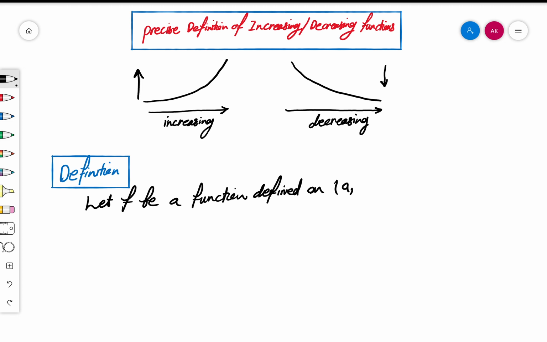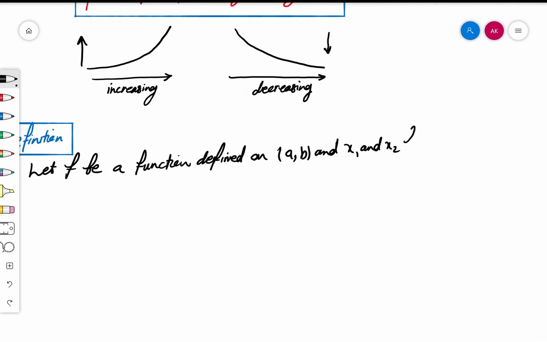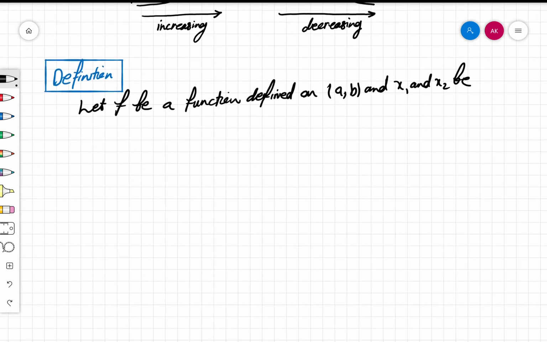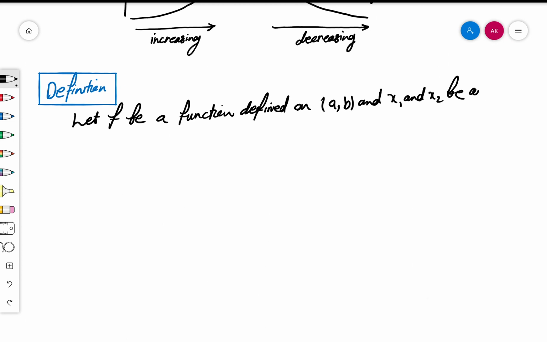Well, when we're discussing the increasing decreasing property, we always consider only open intervals, and x1 and x2 be any two numbers from the interval (a, b). So this is the setup.